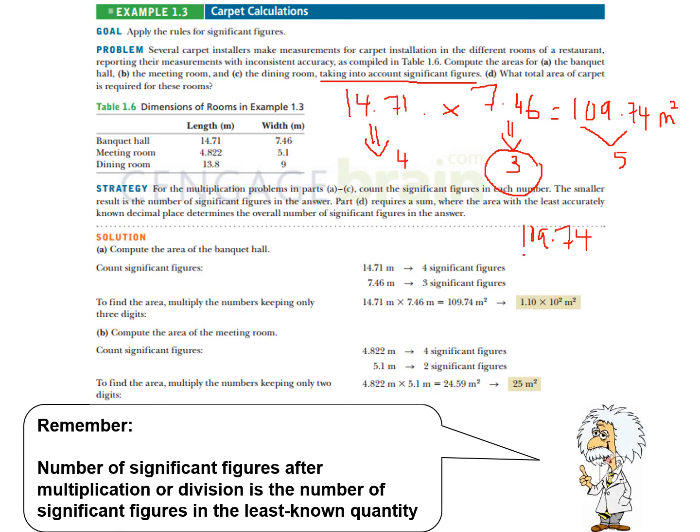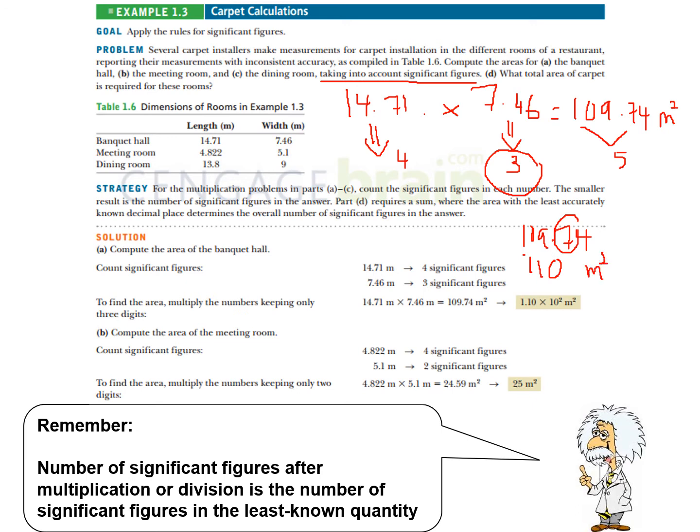So in this case 109, but 9.7, the 0.7 is already past 5, therefore we get 110. So 110 is considered as 3 significant figures, in square meters.